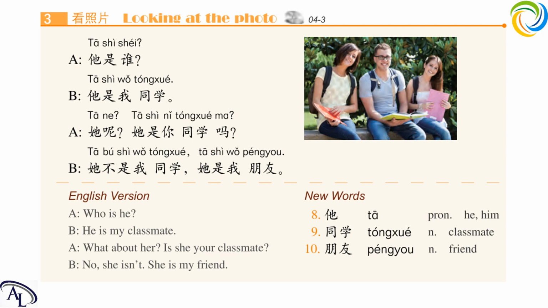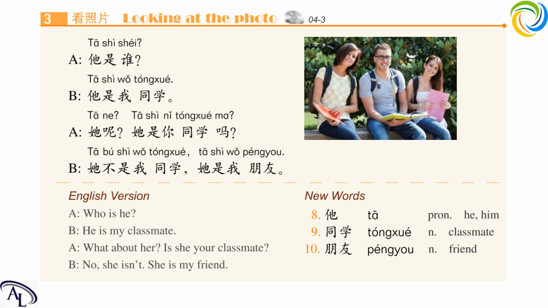And in case this person doesn't understand this question, we said another question. 他是你同学吗? 她 is 你同学. 你同学 means your classmate. 你 means you, 你同学 means your classmate.